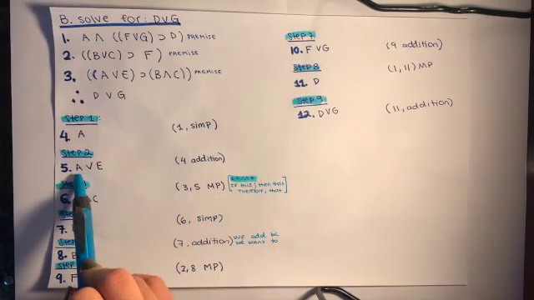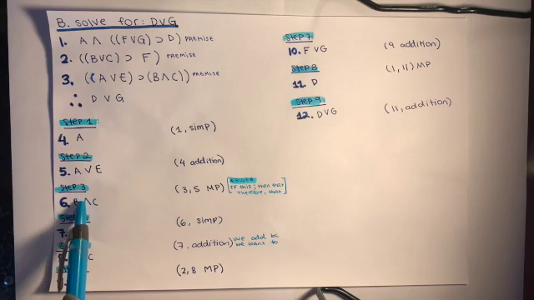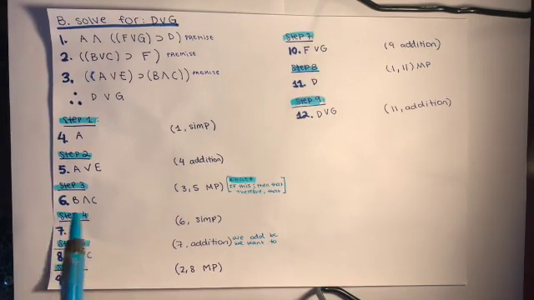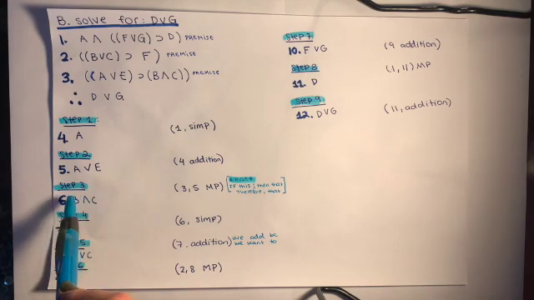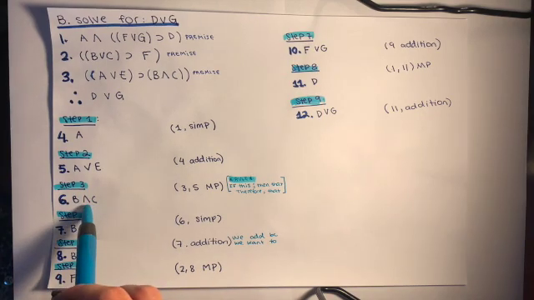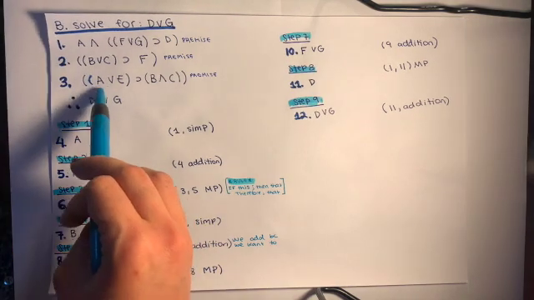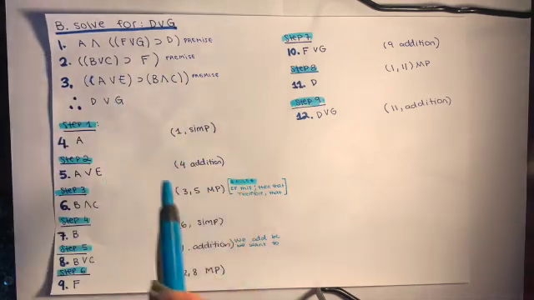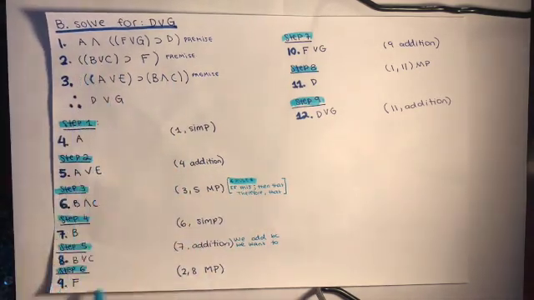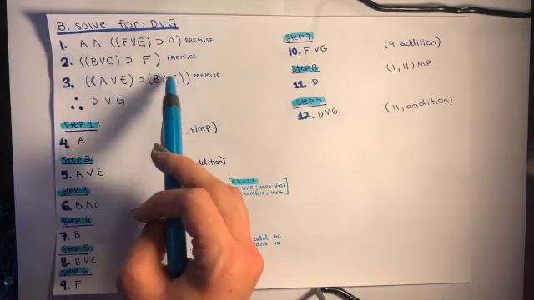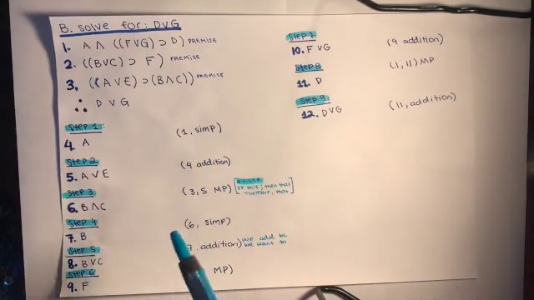So we have here A and A. And step number 3 is that if we have A or E, we would have B and C. Because if we have A or E, then we will have B and C from lines 3 and 5 through modus ponens, because if this, then that, therefore that.